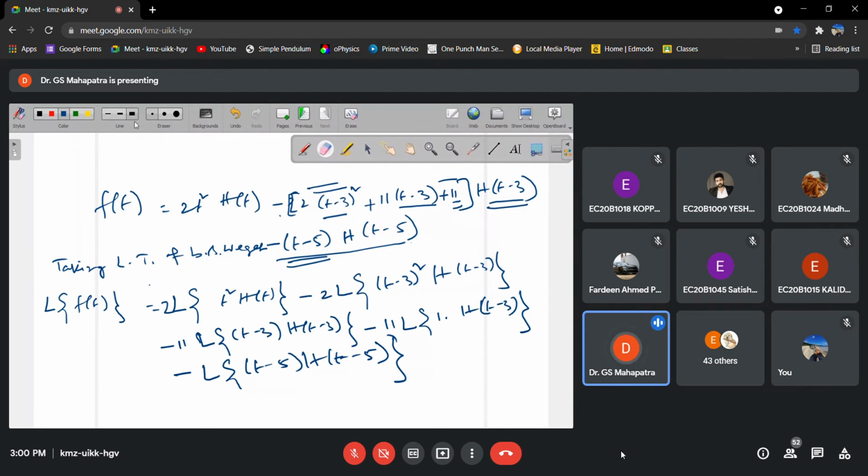Okay, so this is the case. Now this one, what is the Laplace transform? What is this answer? t square into h of t. You have already studied. So what is the answer? t square into h of t.